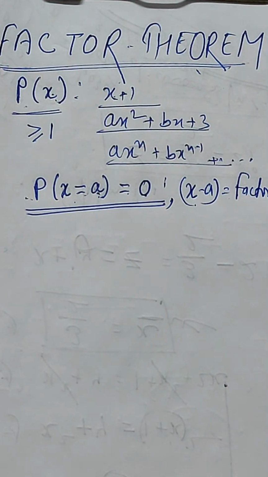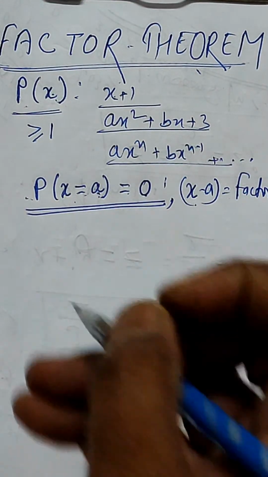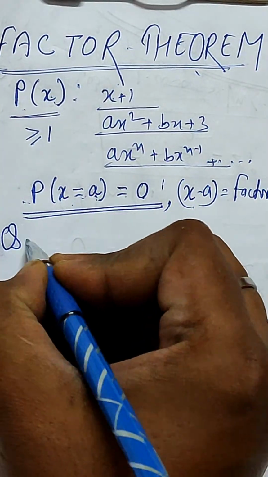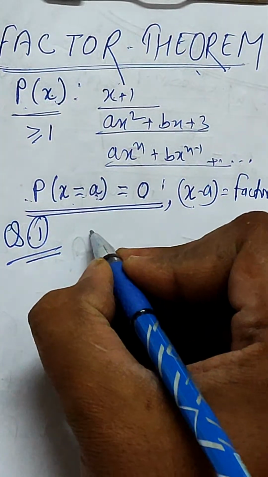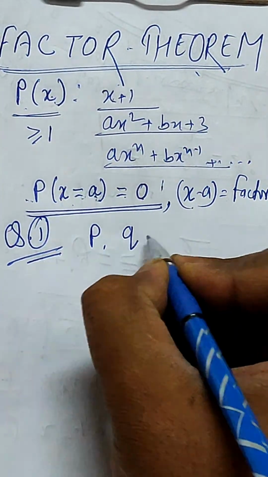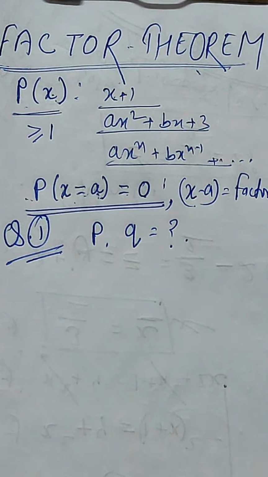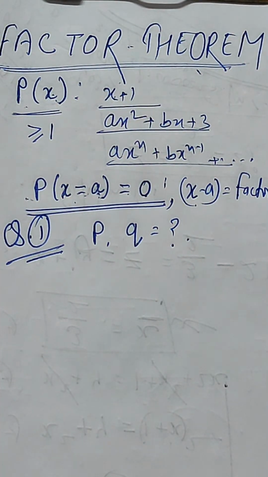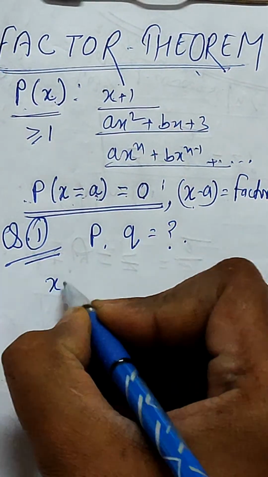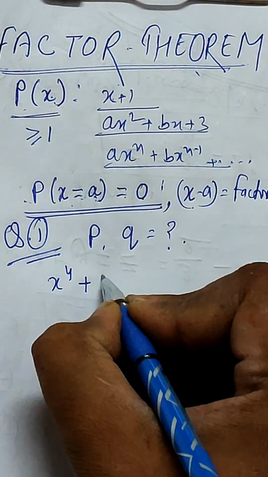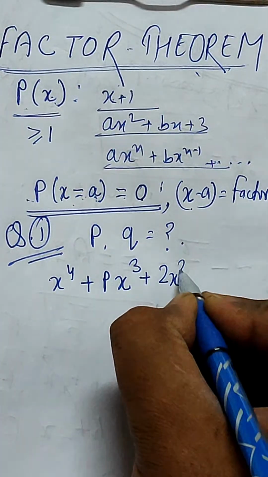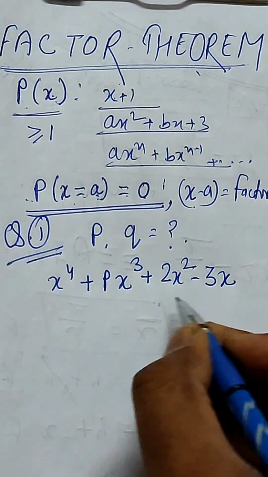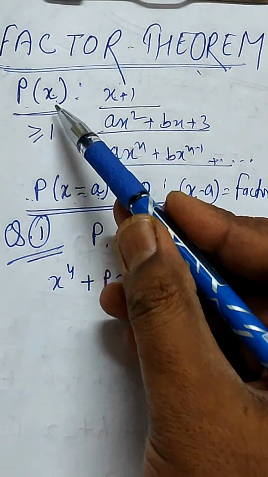Now let us solve a few examples. The first question from the two question series is to find the value of p and q. The polynomial is x^4 plus px cube plus 2x square minus 3x plus q.